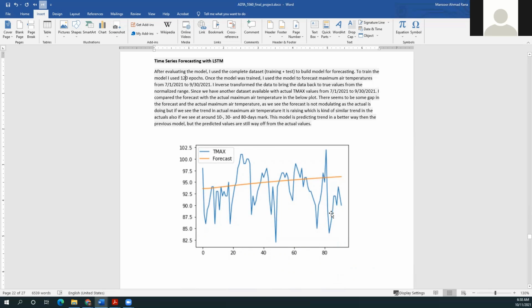Here we see that, again, we are not predicting the values accurately. It is a straight line over here, and the actuals are modulating between like 85 and 100, but this is pretty standard. It is going between 92 and 97, I guess, 96.